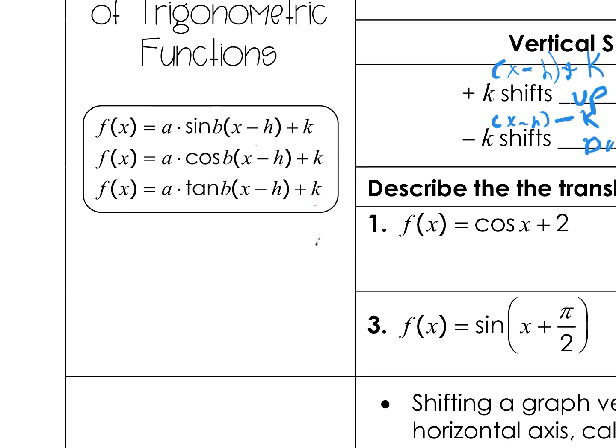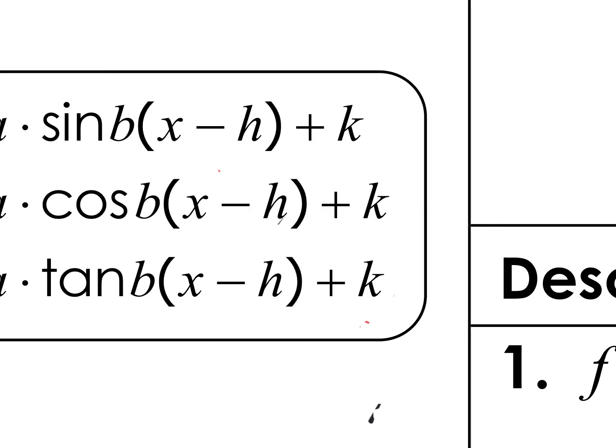It's what happens to the H. You know, we're talking about what this number really is. Is it positive or negative? If it's negative, it changes that minus just because of habit. If H is negative, that's when you're going to see it change to a plus. If H is already positive, it's going to stay this way. If H is a positive number, you're just going to see the minus.